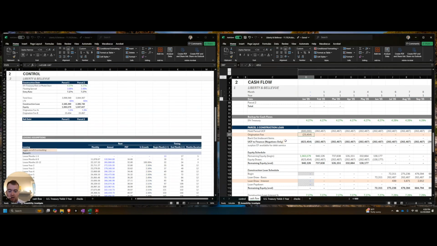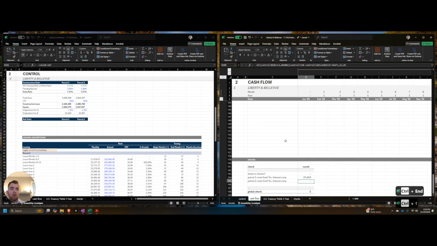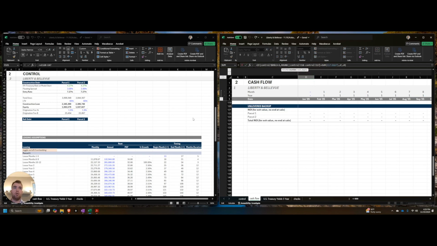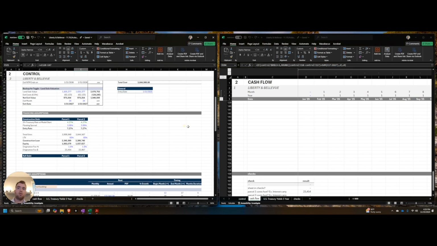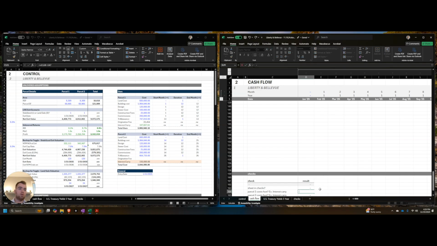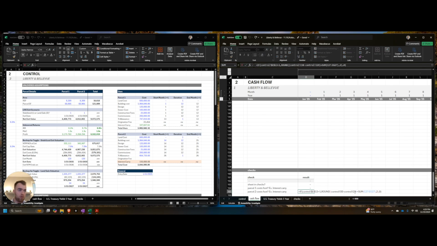Okay, 2 issues there. I got an issue here. What's my issue here? X interest carry. Yes, X interest carry. Also, X origination fee. So let me just get this up here. Because I just added that in. This check was for unlevered only.